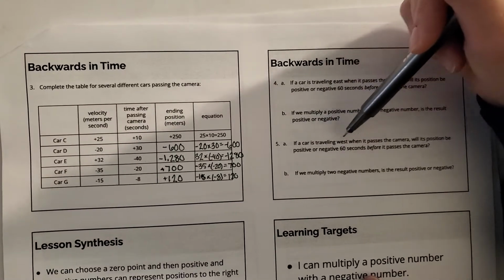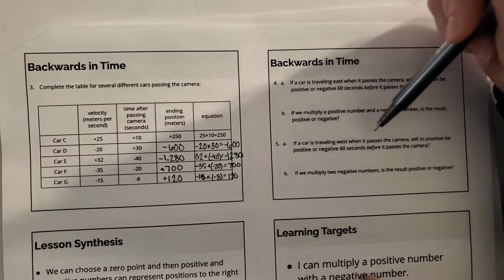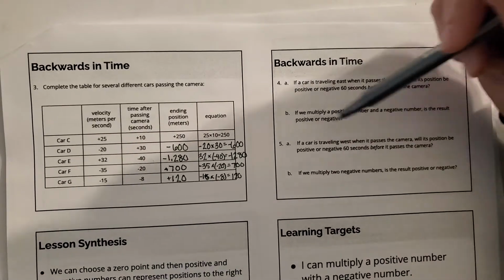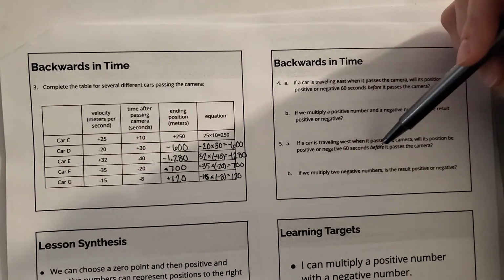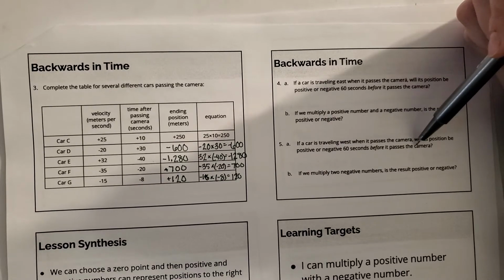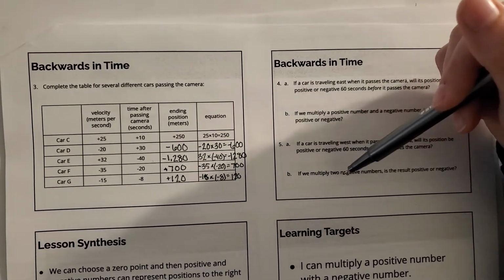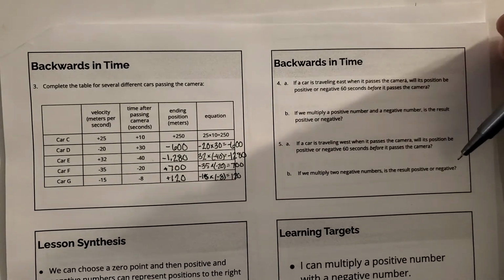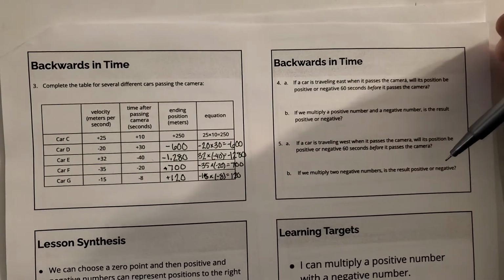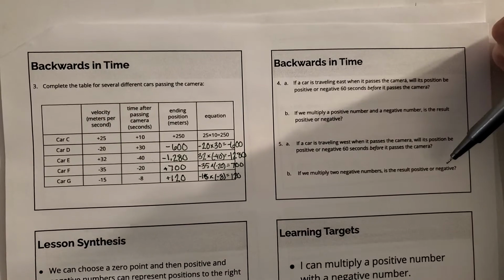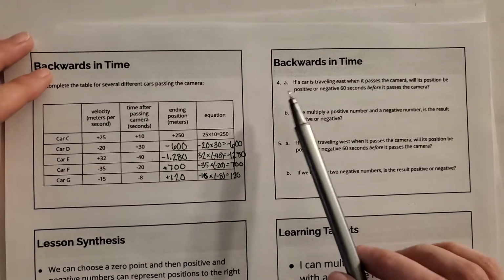If a car is traveling west when it passes the camera, will its position be positive or negative 60 seconds before it passes the camera? So if we multiply the two negative numbers, is the result positive or negative? So first, let's look at this.